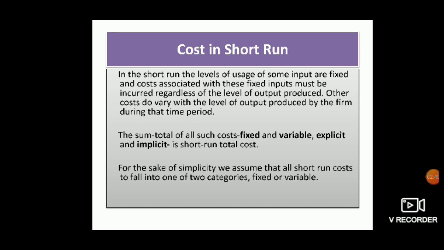But for the sake of simplicity, we assume that all short run costs fall into one of two categories, fixed and variable. That means we will discuss two main important costs. I am saying the categorization of cost in the short run is fixed and variable.